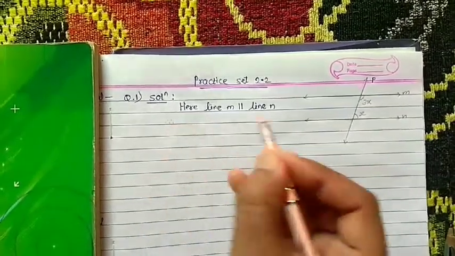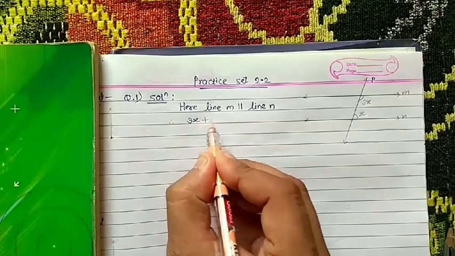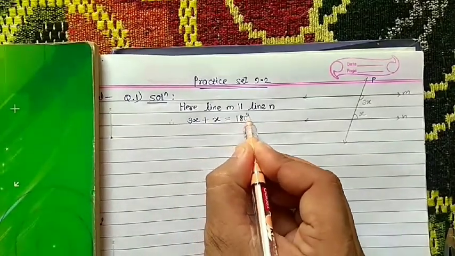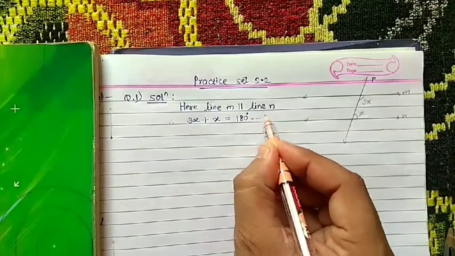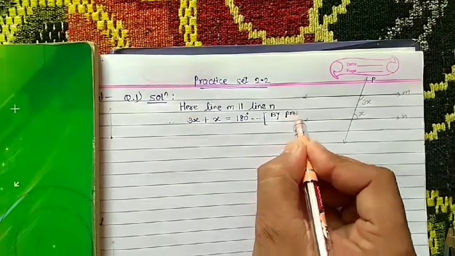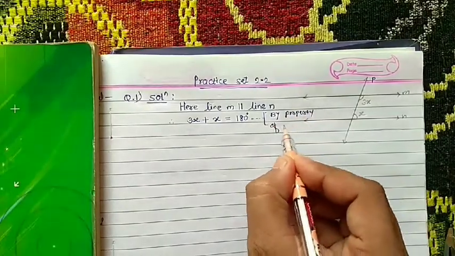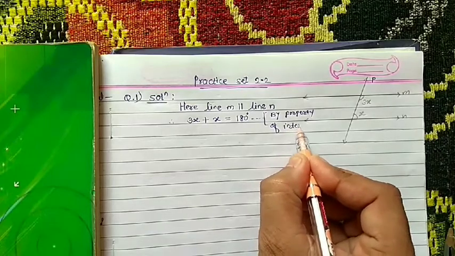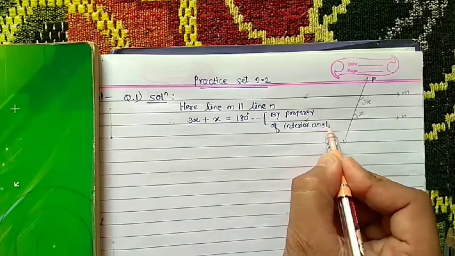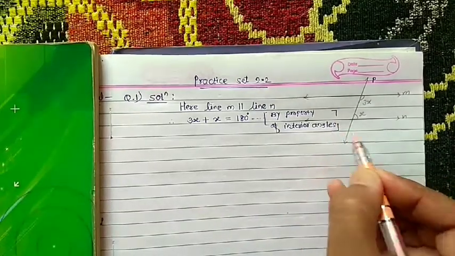So therefore 3x plus x is equal to 180 degrees by property of interior angles.